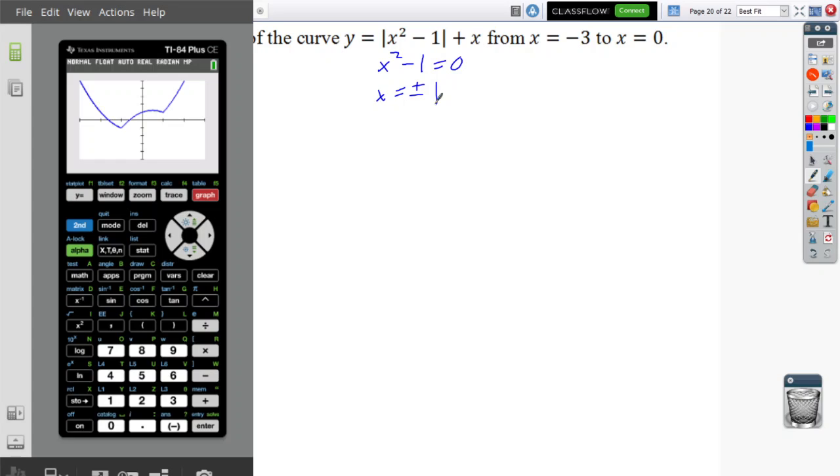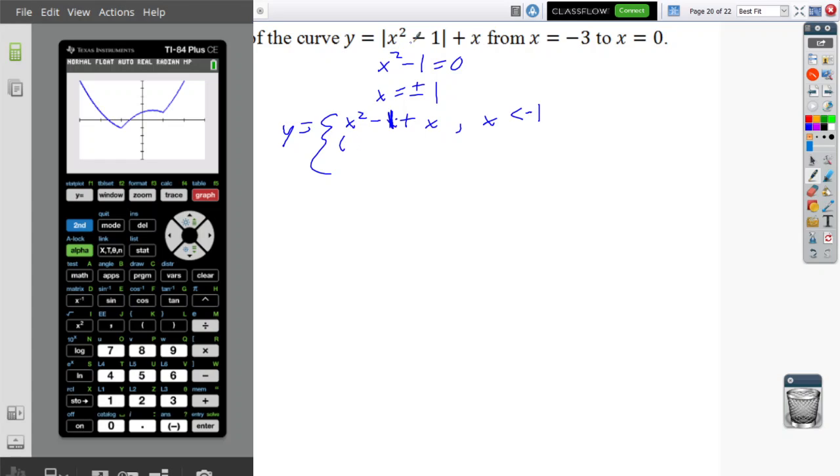So again, just referencing why those cusps occur. In order to get around the corner here, I have to rewrite this function as a piecewise function. Whenever I plug in a number and I get a positive inside this absolute value, the function stays the same. So if I was to plug in a number less than -1, this would be positive, and the function would be x squared minus 1 plus x for x less than -1.